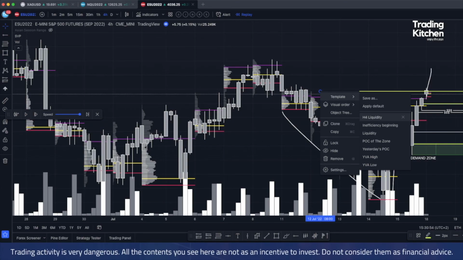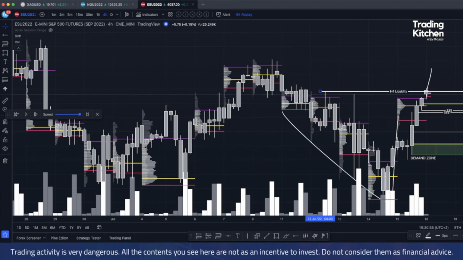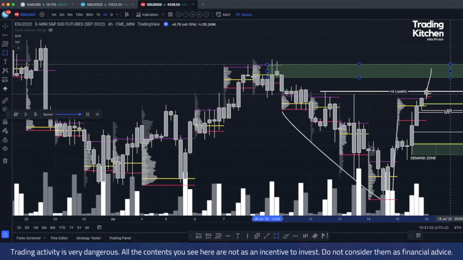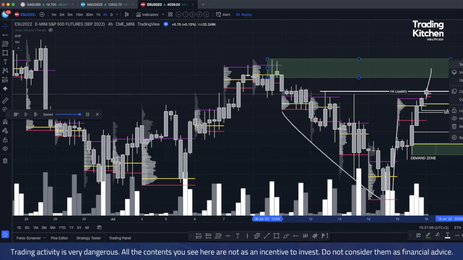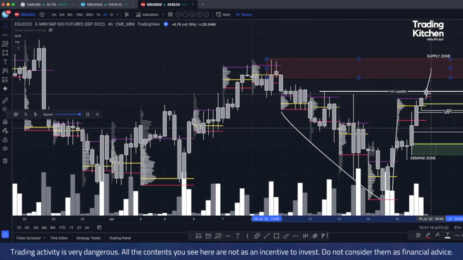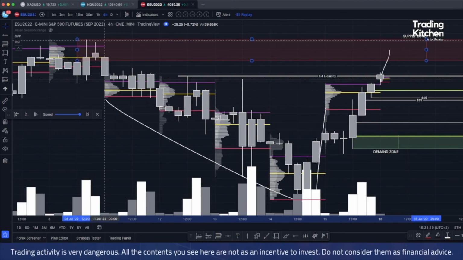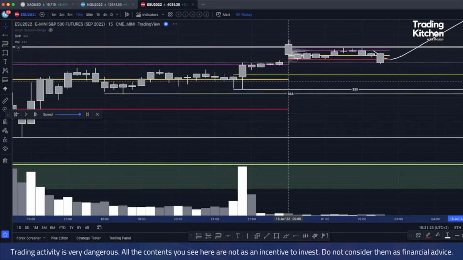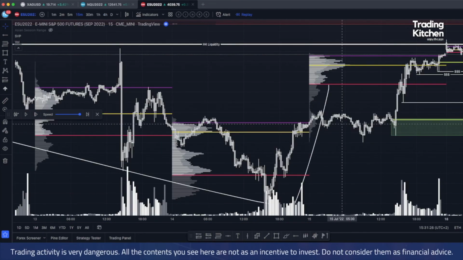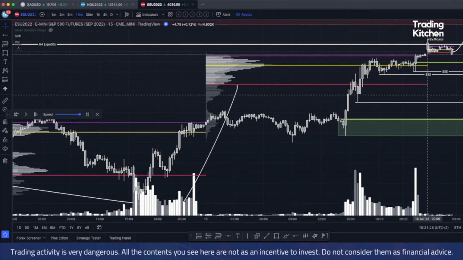And here we do have a supply zone. So I have to keep in mind that inside the liquidity level, that can bring my trade against me, but I know that we are bullish. So let's see what happens.